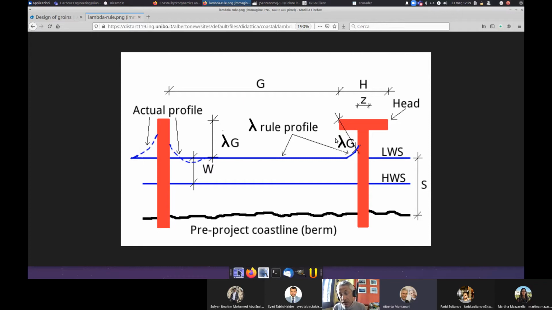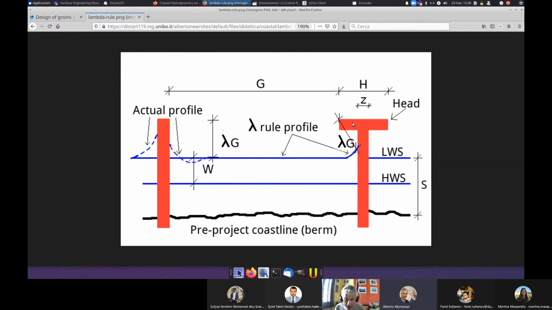Of course, this brings to getting a curved shape for the low water shoreline, or the high water shoreline, close to the top of the groin only in the vicinity of the groin itself. Because between groins, the position of these shorelines remains dictated by the lambda rule, lambda G, measured with respect to the control line. But in the proximity of the groin, you get the shoreline approaching the top of the groin.